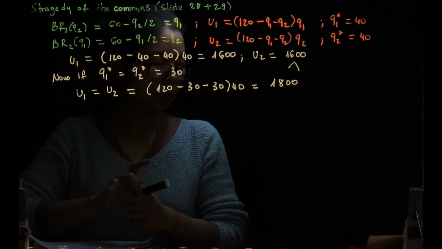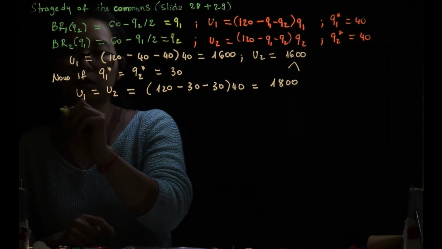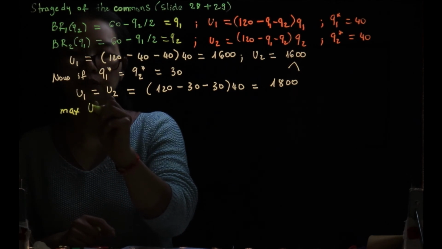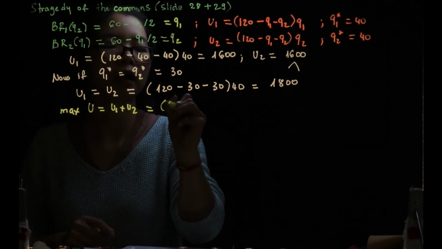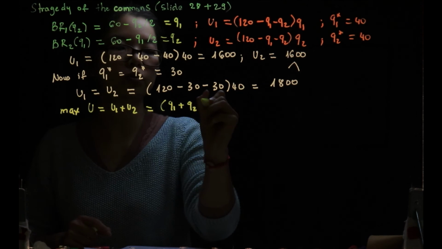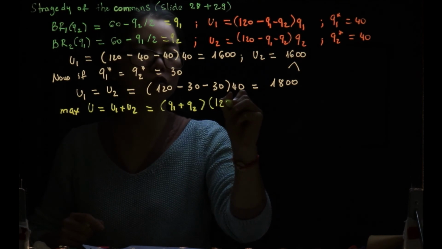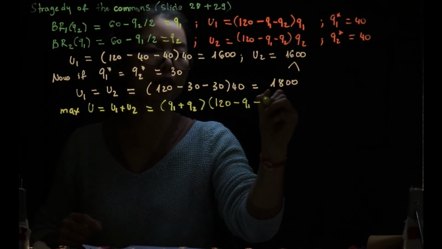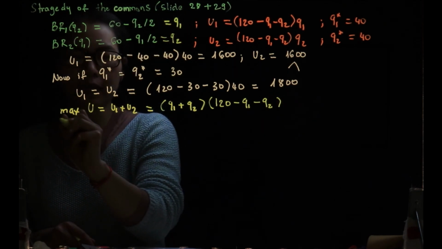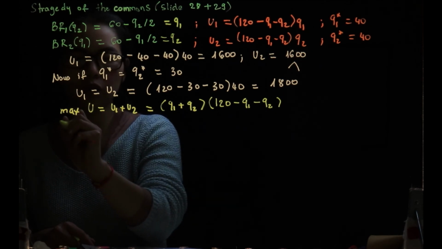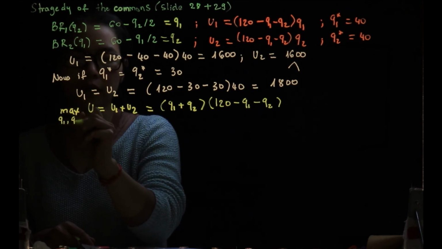We could do that by setting up another maximization problem, which is max U equals U1 plus U2 equals Q1 plus Q2 times the value per ship, which stays the same as before, 120 minus Q1 minus Q2. And you maximize that joint payoff with respect to Q1 and Q2.